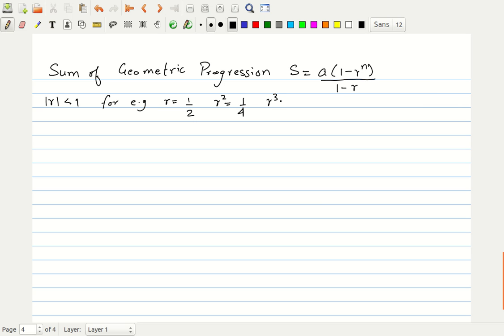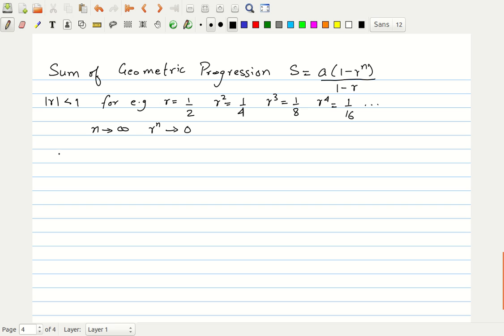R cube is going to be 1 by 8, which is still smaller, and r to the 4 is going to be 1 by 16, and so on. So what we see is, as we increase n, r to the power n is reducing. Now if n actually tends to infinity, that is if n becomes very very large, r to the power n will tend to become 0, correct.